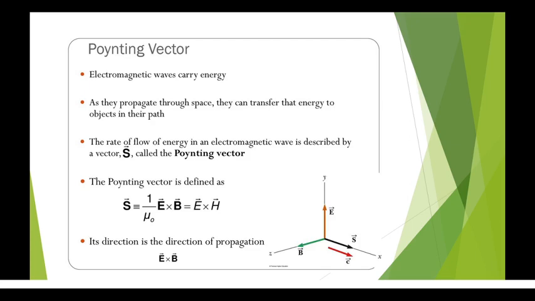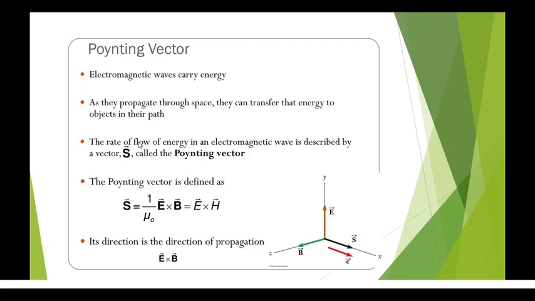So the electromagnetic waves transfer their energy as they propagate from one place to another. The energy per unit time, per unit area is known as the energy flux, and this energy flux is given by the Poynting vector represented by vector S.